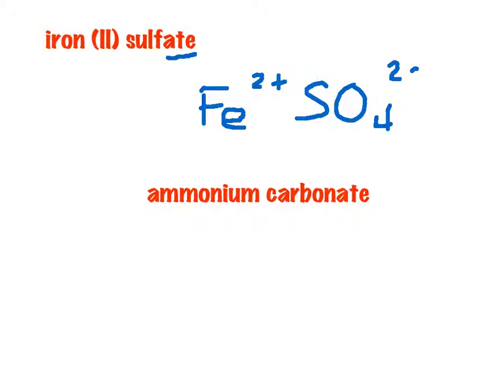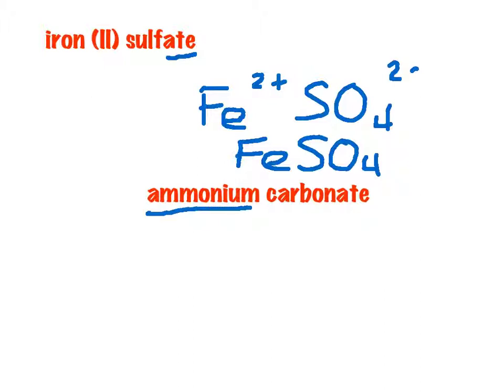So remember, when you write the formula, those charges get canceled out because you need to show your ions in their lowest possible combining ratio. So I'm going to get rid of those 2 2's, and my formula is FeSO4. Okay, FeSO4.